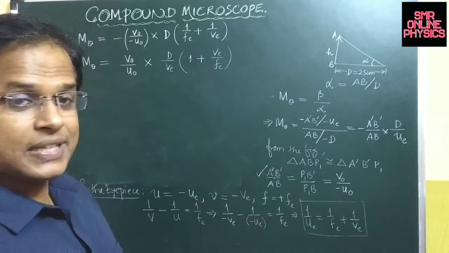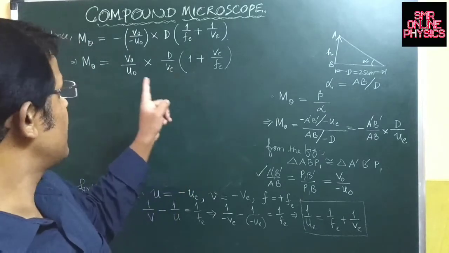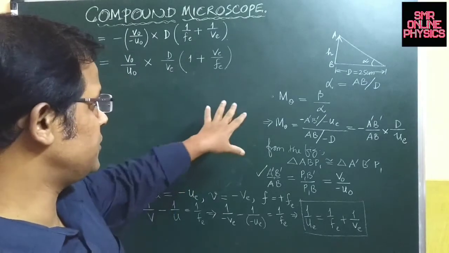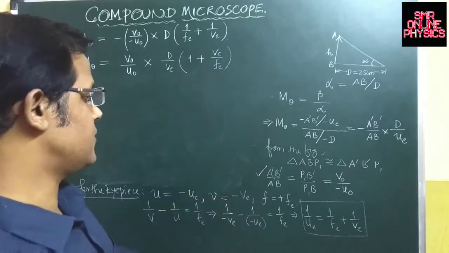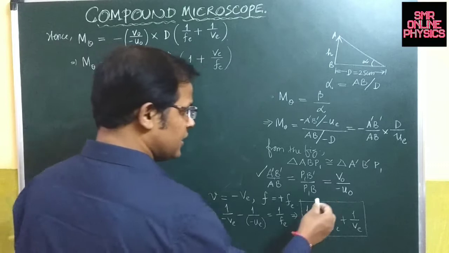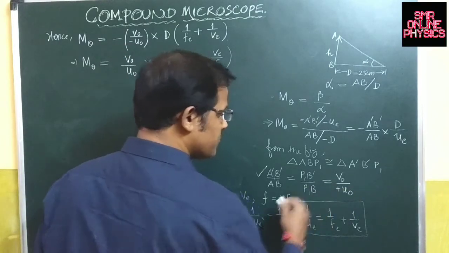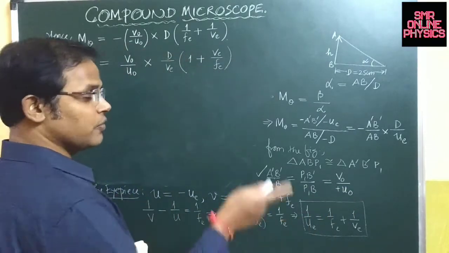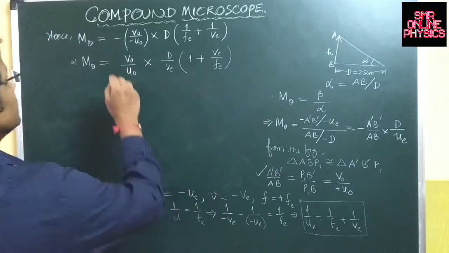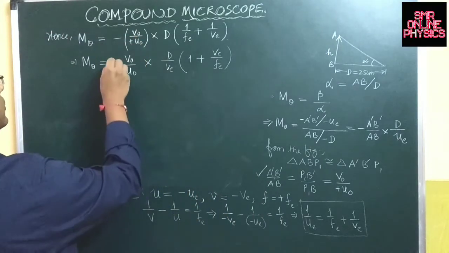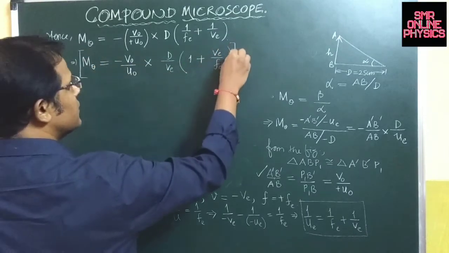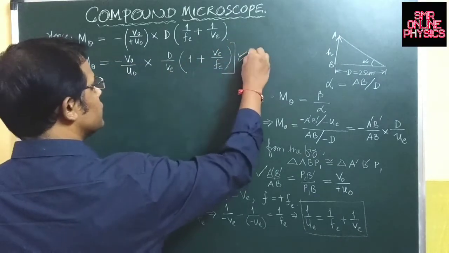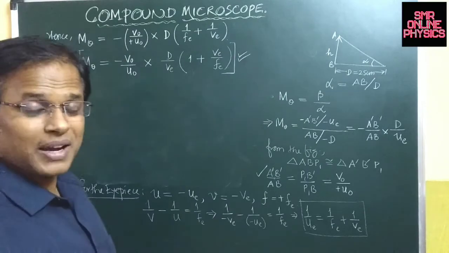So everything good and great? Yeah, I'm finding something fishy. Let me just check it once. Right. We do not exactly need to put a minus sign. This is always plus, okay? Because we have already used the sign convention, here it is not required. So ultimately it comes out to be minus. That's it. So that's your angular magnification by a compound microscope.